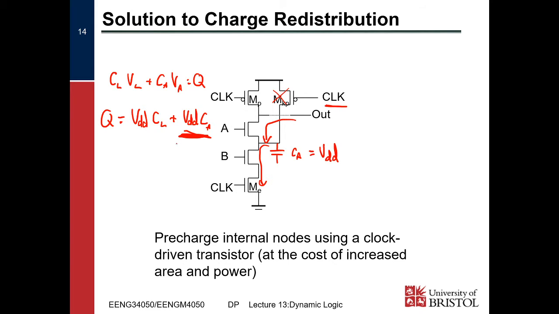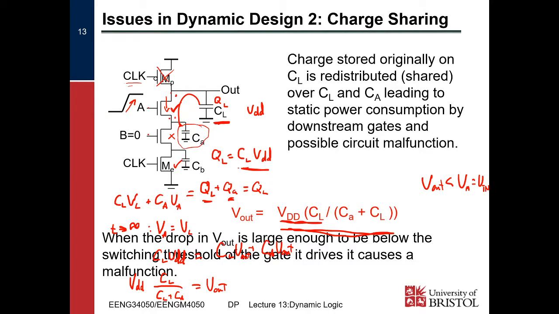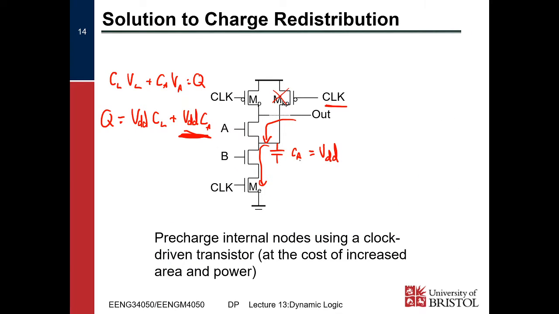We've added on this VDD CA component compared to here by pre-charging this parasitic capacitance. Therefore, when we connect the A transistor, we've got that Q is going to be CL VL plus CA VA, which obviously is going to imply that these two are going to stay at VDD unless B turns on, in which case obviously they'll all discharge down to ground because all that charge will go down that way. Okay?